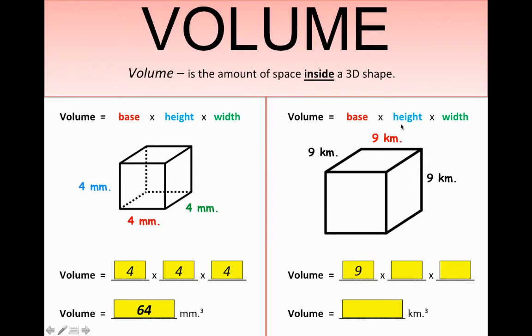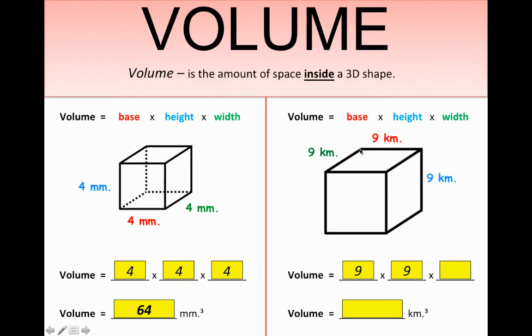Now we've got to figure out which one is the height. Which one goes with the vertical line like it did in that first example? That would be this one over here. That 9 kilometers is going to go right in that next spot. And the last one is the width. It was this slanted one before in the first example.